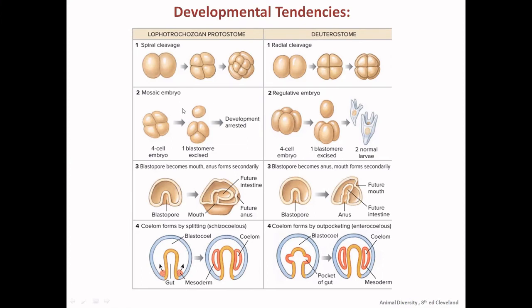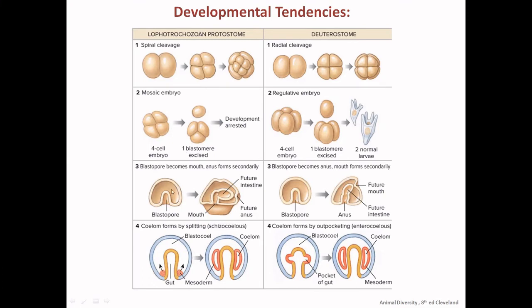That is predetermined in the mosaic embryo. But in the regulative embryo, if you separate them at the 4-cell stage or the 8-cell stage, each of the cells has the ability to develop into a complete organism, because the fates of the cells are not predetermined.